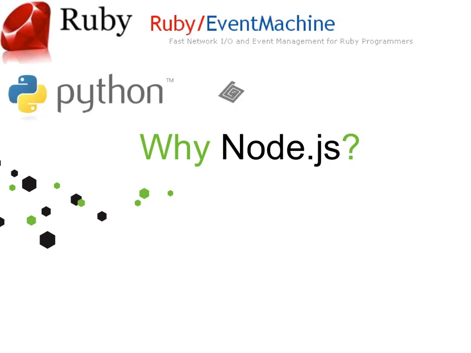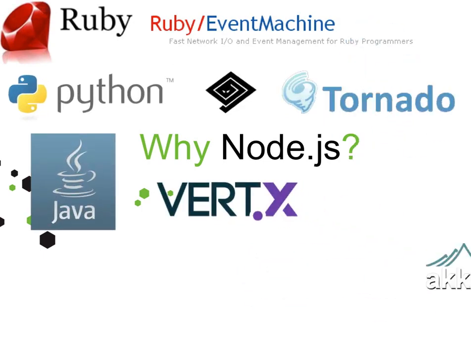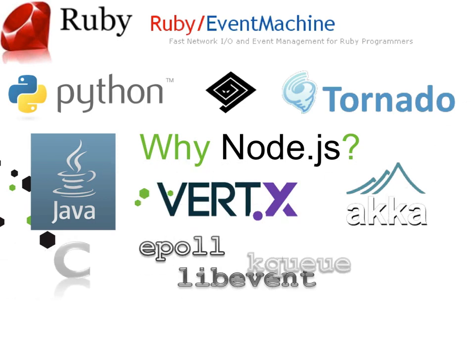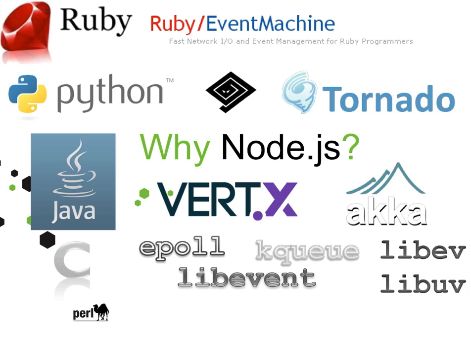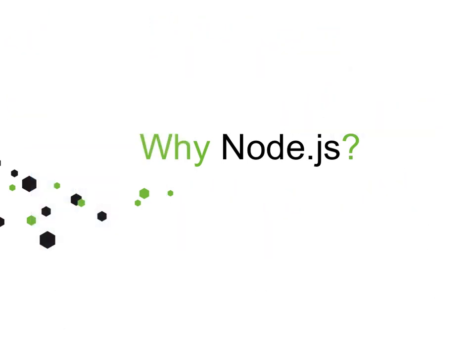For Python, there's Twisted and Tornado. Java has VertX and Akka. C has epoll, KQ, libevent, libev, libuv. Perl has Perl Object Environment. The list goes on. So if most programming languages can do what Node does, why is Node so special?